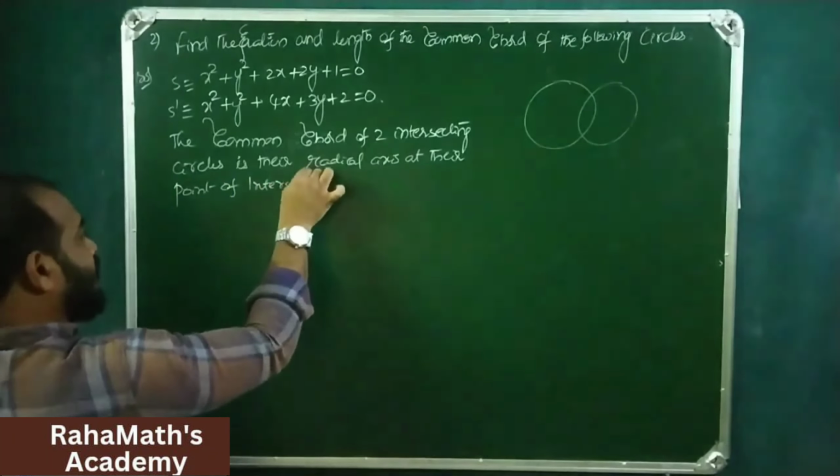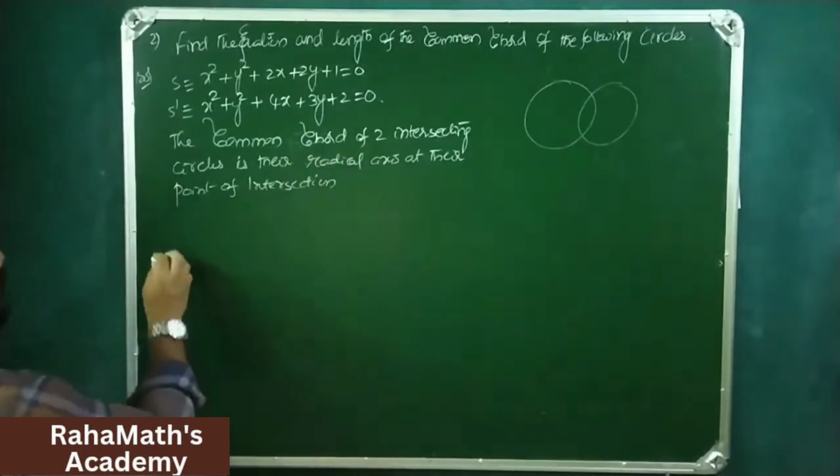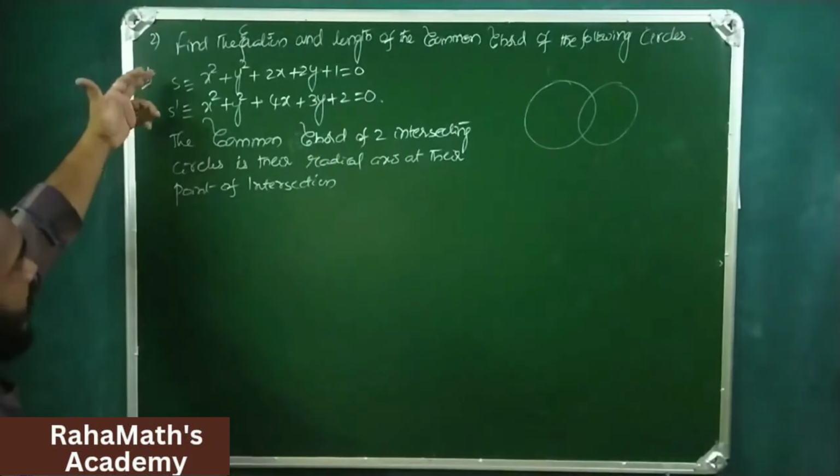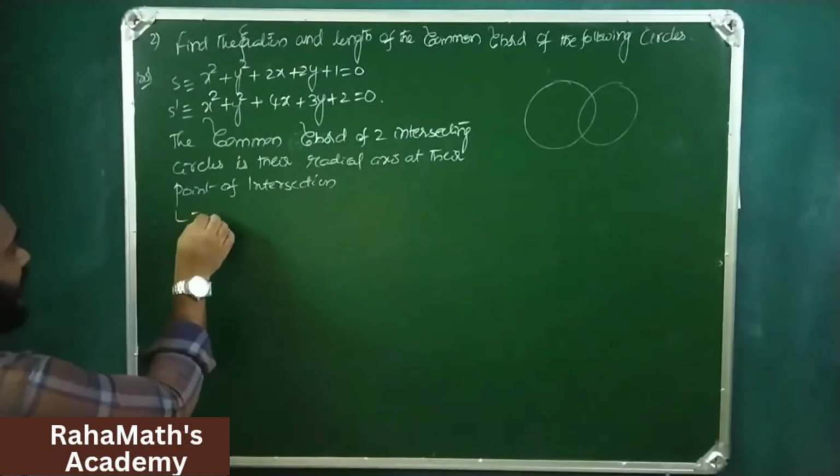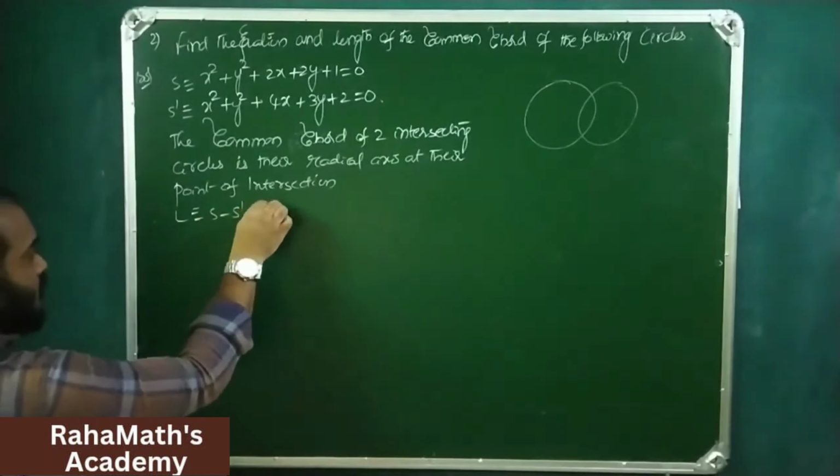So therefore, let L be the radical axis. Therefore, L is S minus S dash equals to 0.